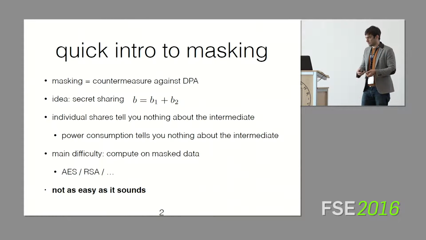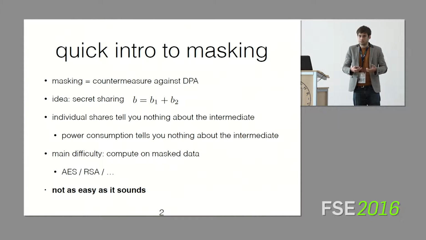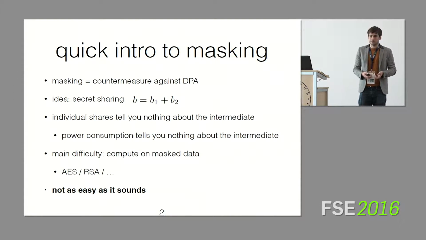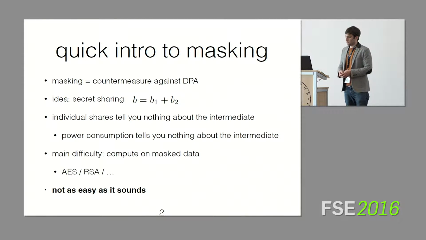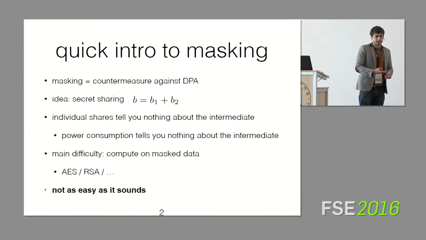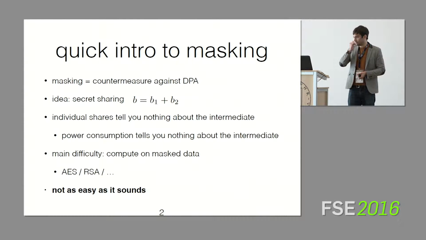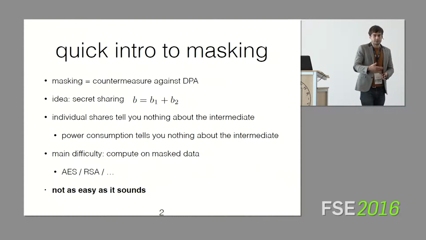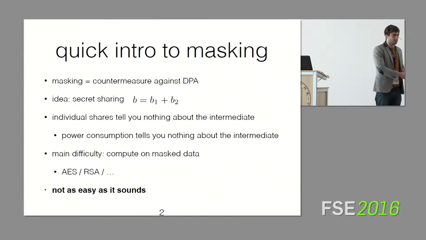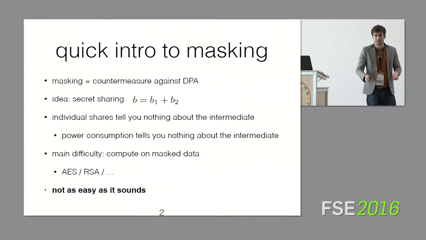And of course, the most difficult part is to compute on this representation, right? To do something useful while still preserving this shared representation. And that's exactly what a masking scheme provides you. It gives you a recipe, an instruction procedure on how to compute your AES, your RSA, or whatever crypto in this shared way, okay?